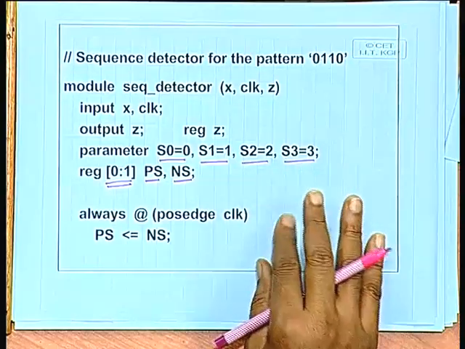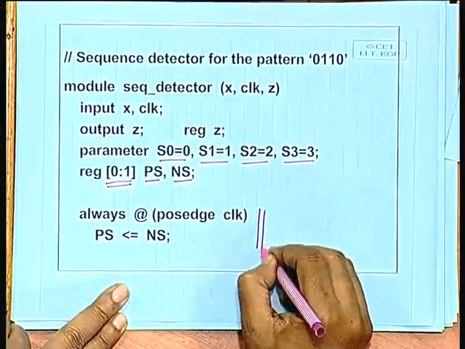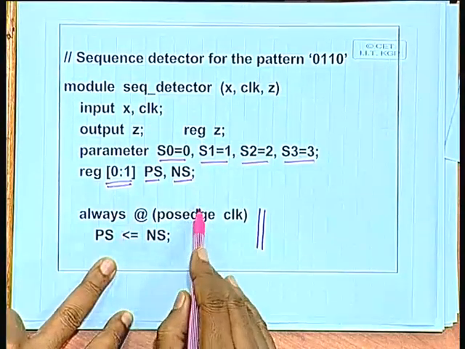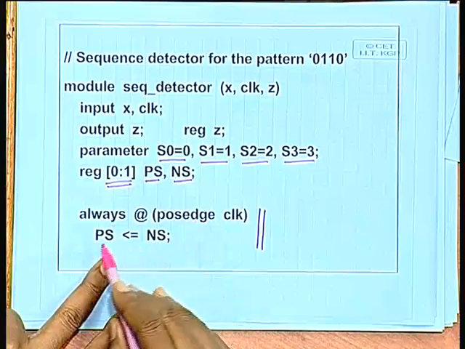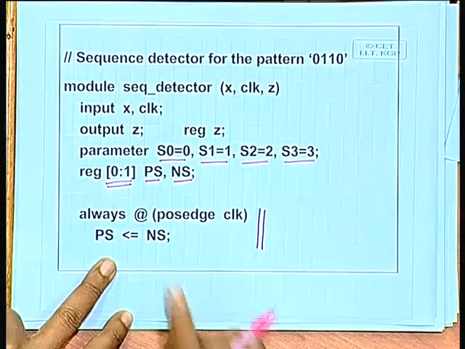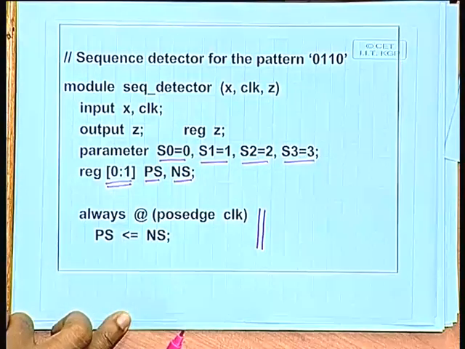This is the style to be followed for Mealy machine, you just note. In the first one, we simply give an always block where whenever there is a clock, the next state gets transferred to the present state, nothing else. The next state becomes the present state.